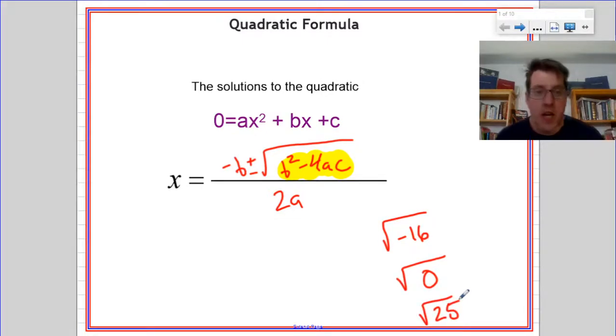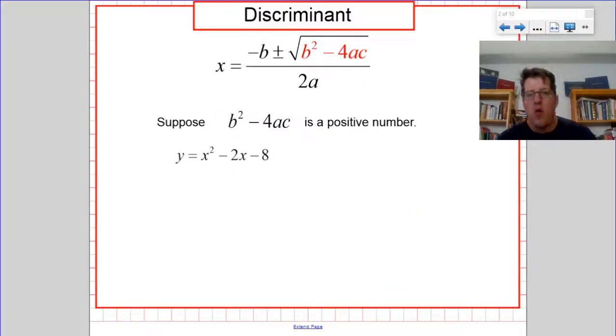So today we're going to take a deep dive into what happens depending on what is underneath the radical in the quadratic formula. Okay, that number, b squared minus 4ac, is called the discriminant because it helps you figure out how many solutions you're going to have.